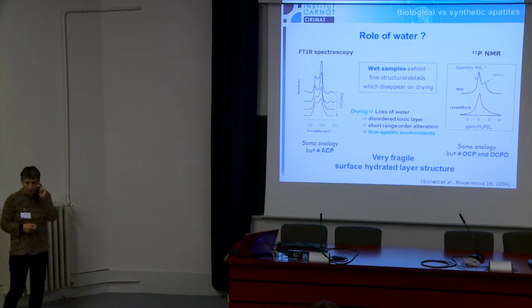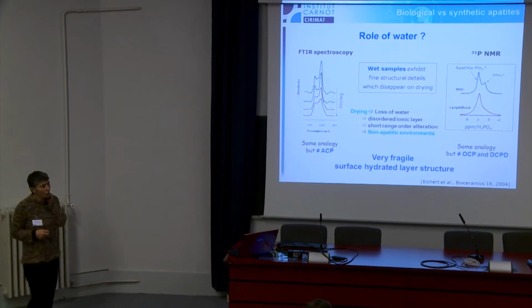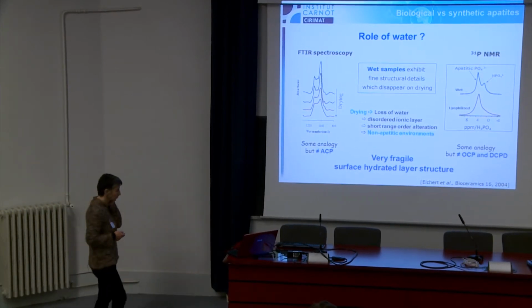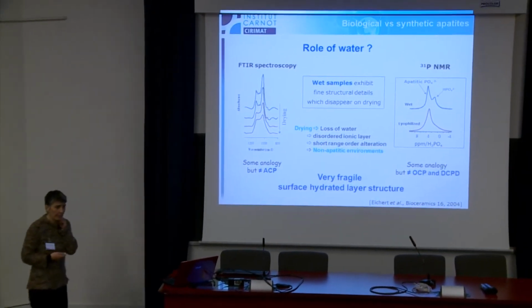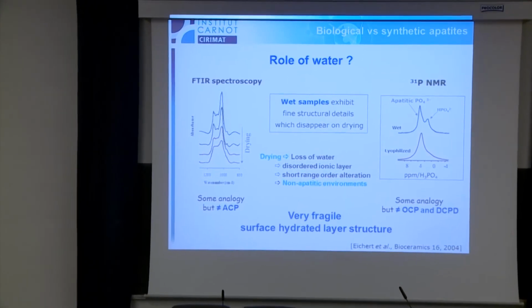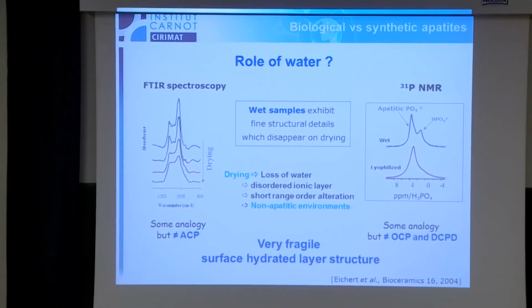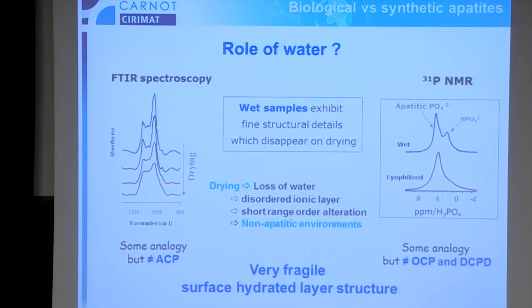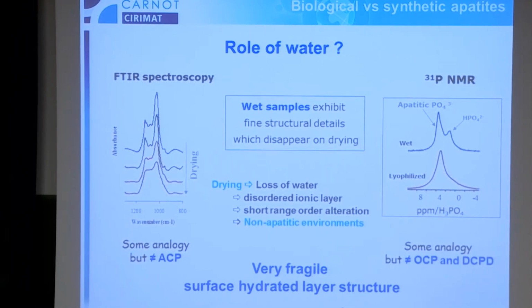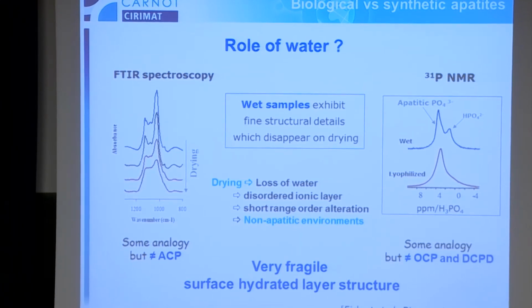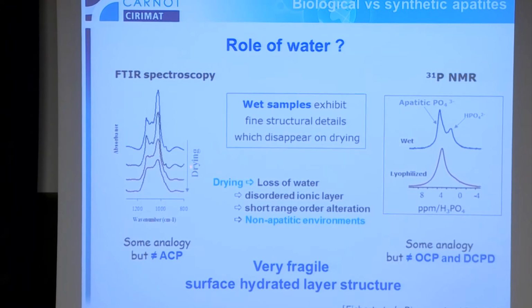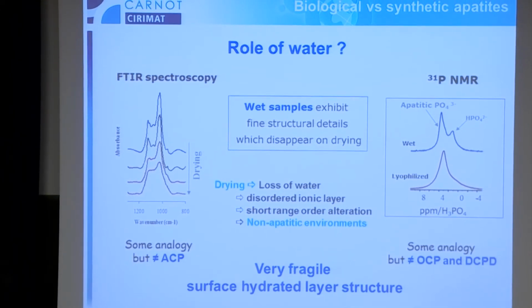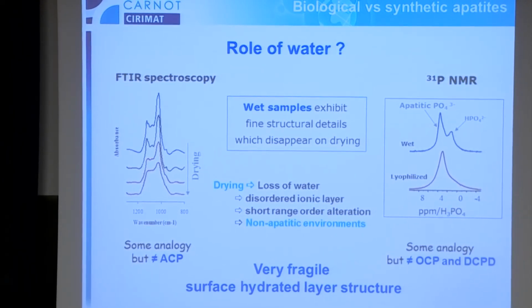Here I have one or two slides on the role of water, which you will see appears really important in this kind of apatite. Here you have the FTIR spectra of a nanocrystalline apatite, which is here as a gel, so with a high amount of water, and we let this apatite dry on the spectrometer.